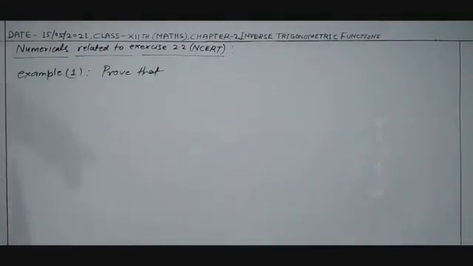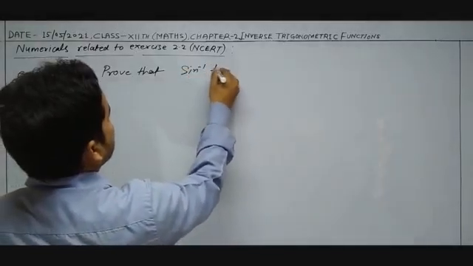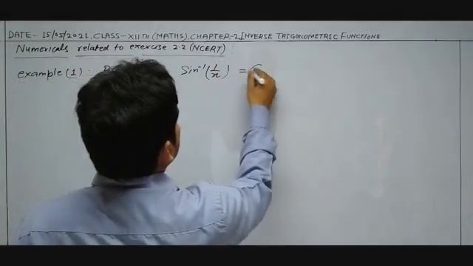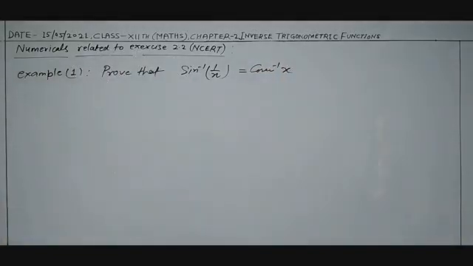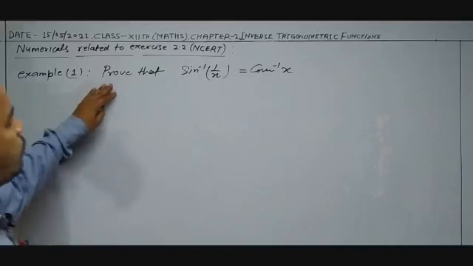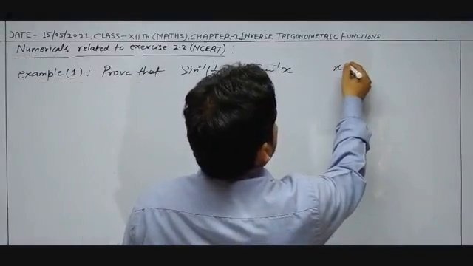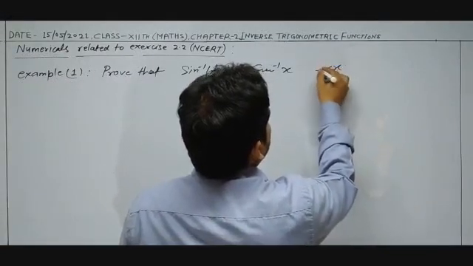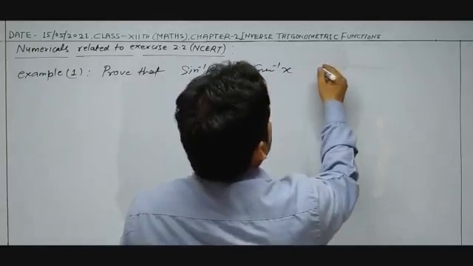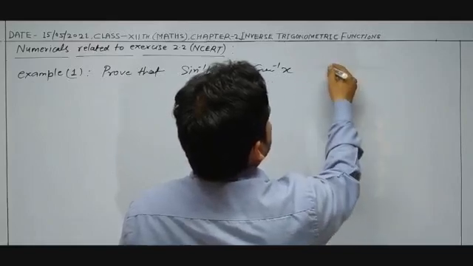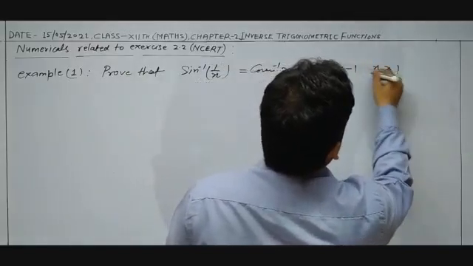Now the first example is: prove that sine inverse 1 by x is equal to cosec inverse x for all x less than or equal to minus 1 or x greater than or equal to 1.